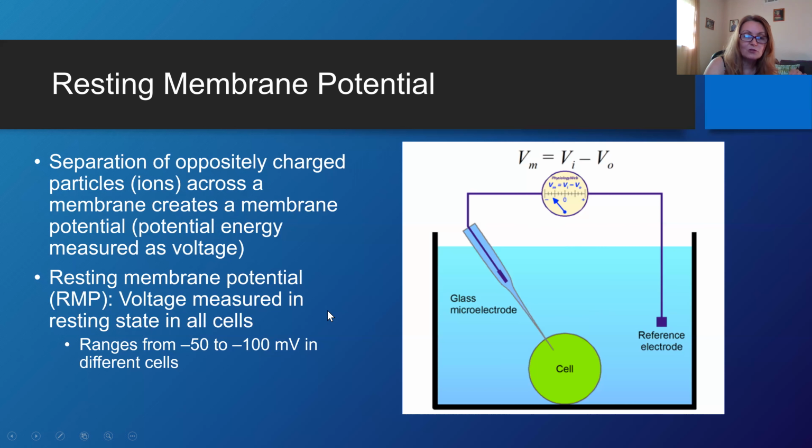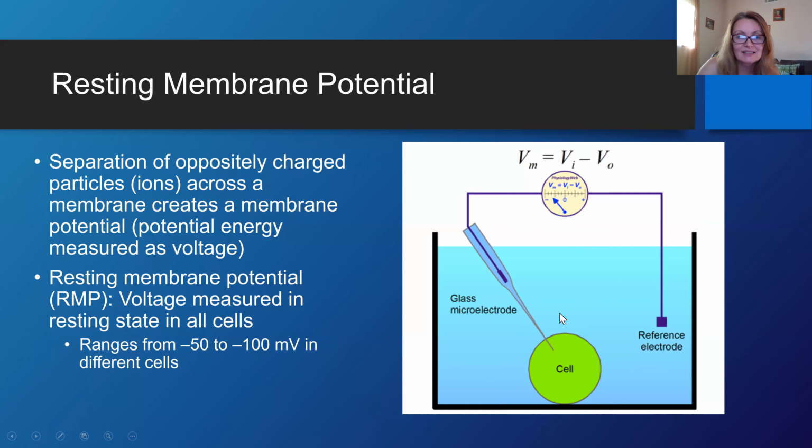If you measure this voltage, it will give you a range between -50 to -100 millivolts. The cell inside is more negative and more positive outside. So the cell is negative inside and positive outside.